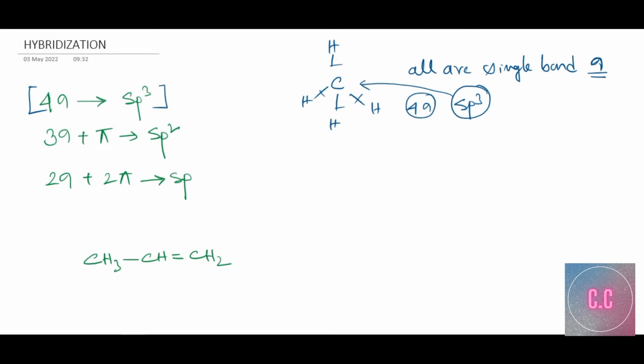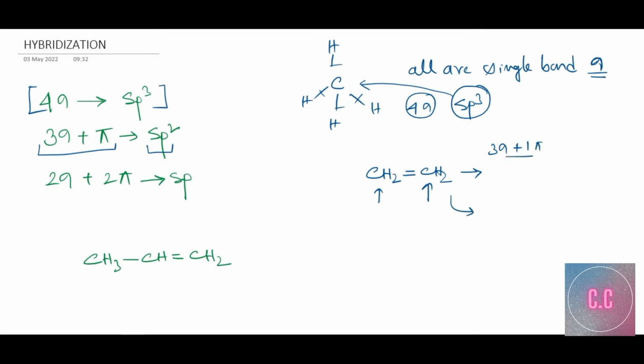But in any compound, if carbon contains 3 sigma and 1 pi, that will be an sp2 hybridized carbon atom. For example, if we take CH2 double bond CH2, we can see that each carbon atom contains 3 sigma and 1 pi. How?